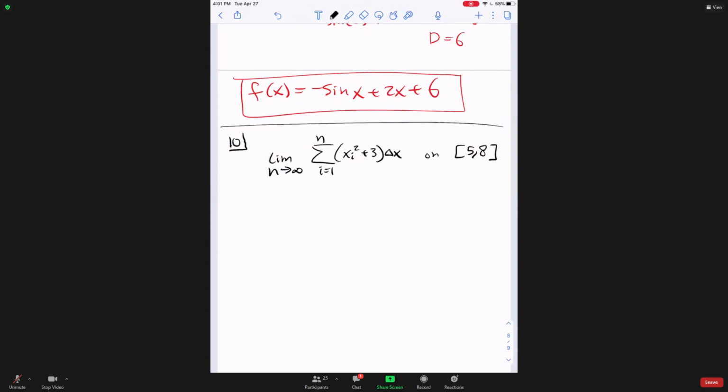Express the limit as a definite integral. So we have the limit of a Riemann sum here as n goes to infinity of the summation from i equals 1 to n of x sub i squared plus 3 times delta x. So that is equal to the integral from 5 to 8 of x squared plus 3 dx. Did you guys get that?